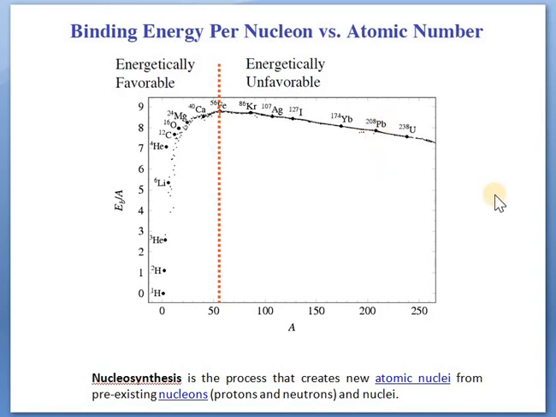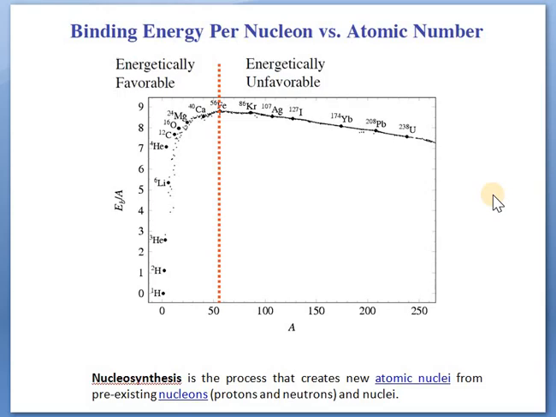Okay, so this brings us to this important topic of nucleosynthesis, which basically deals with the process where new atomic nuclei are created from pre-existing nucleons and nuclei. So this is our topic, nucleosynthesis or nuclear astrophysics.